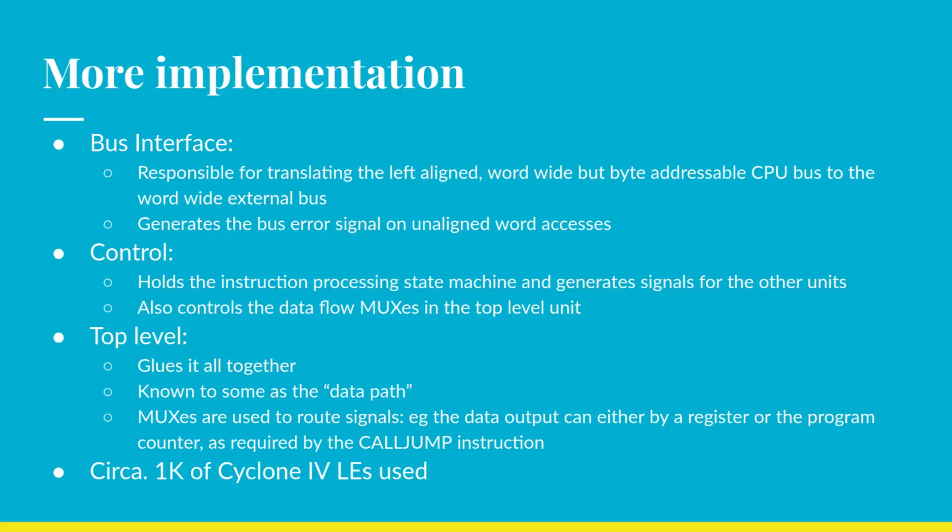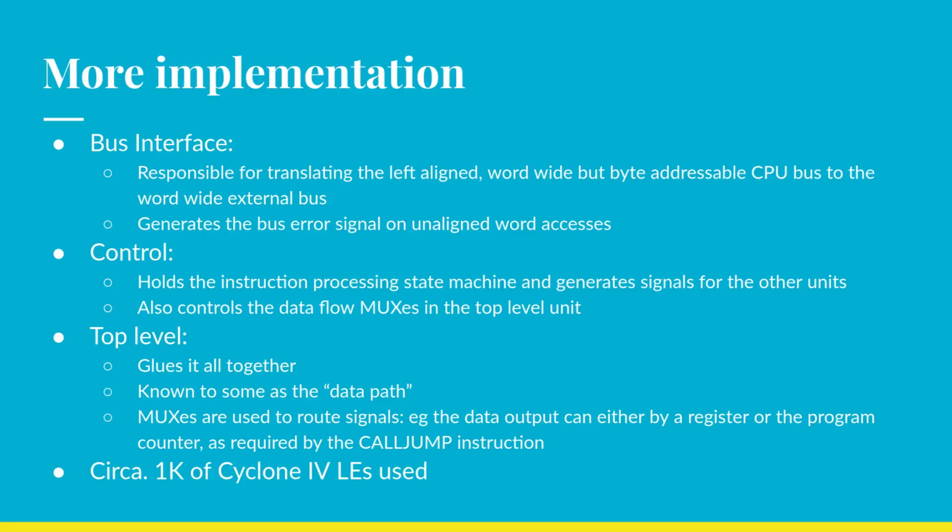So the bus interface component does the munging between the processor's native 16-bit view of the world and the outside world, which might consist of byte transfers. That also generates a bus error signal on unaligned word accesses. And with this system where you've only got byte or word accesses, it's trivial to know when you have a bus error.